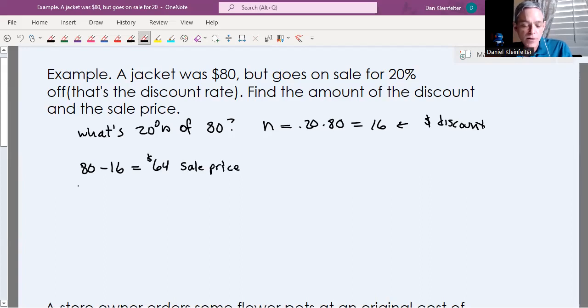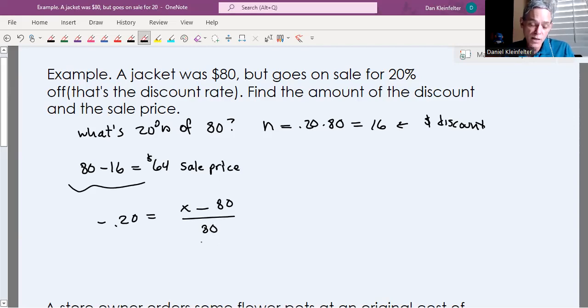If we had tried to do this using that percentage change formula, it would look like this. We had a decrease of 20%. And so we wanted to know the sale price, so that's unknown, that would be our variable. What it is now minus what it was divided by what it was. So this would be the equation.